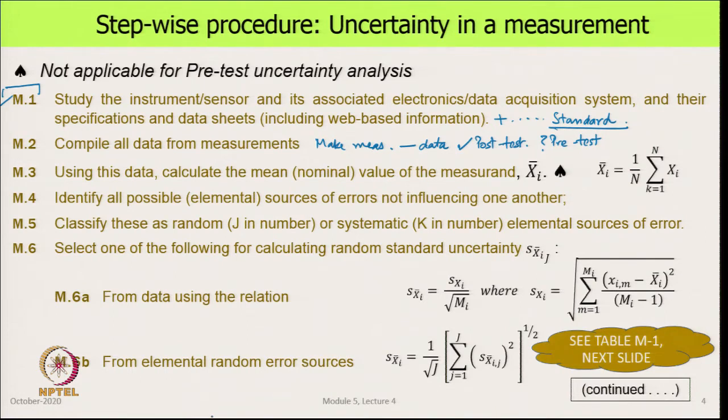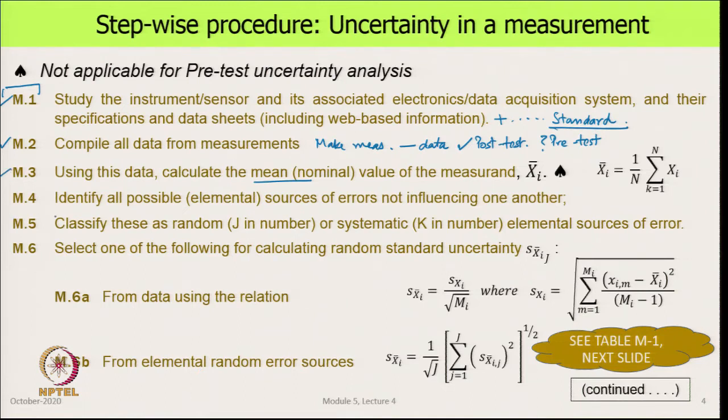Either we say that it is very small and neglected, or if we have data from previous measurements, we can use that estimate straight away for the standard error. So, we get all data from the measurements, and using this data from M2, we calculate the mean or the nominal value of the measurand, which is given by this formula.